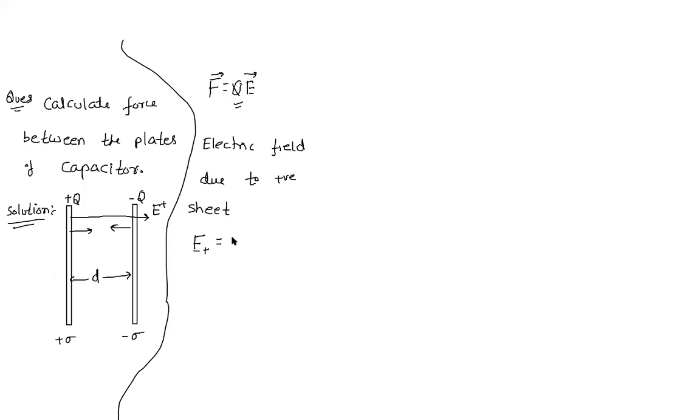We have used this expression, right? Sigma by epsilon naught was for two sheets. If you have just a single sheet, then the electric field is sigma by 2 epsilon naught. And in this electric field, a charge minus Q is placed.